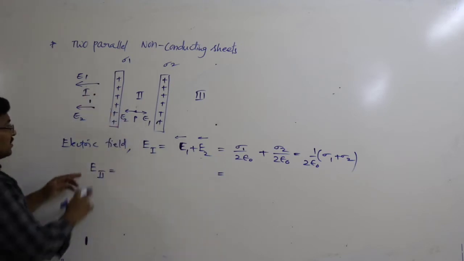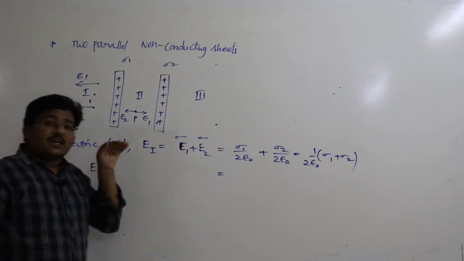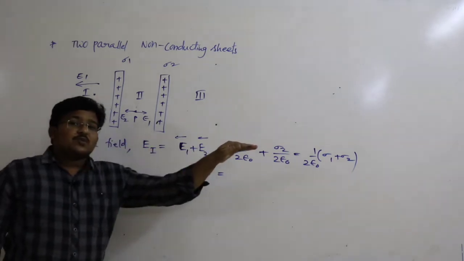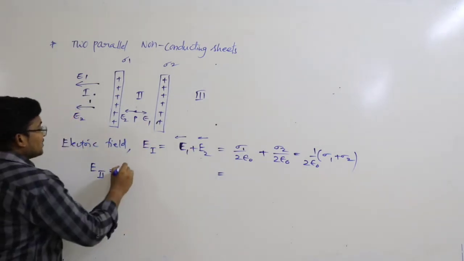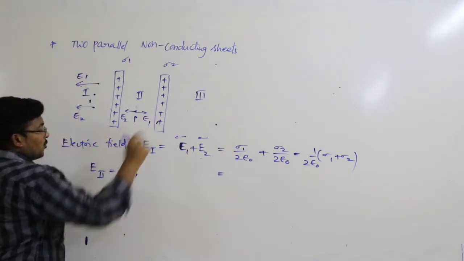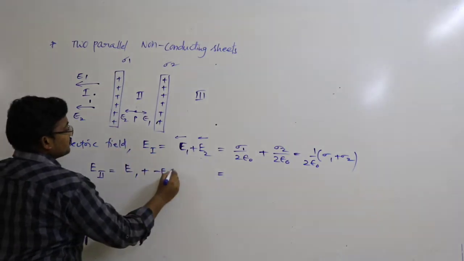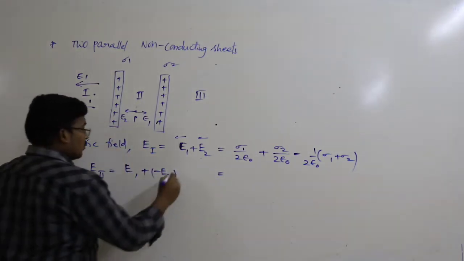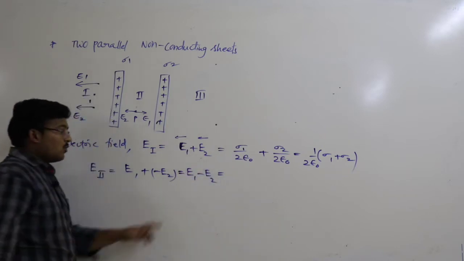Now you can say that one is right side, one is left side. We can take right side, towards the positive x-axis, as positive, and this is negative. So I can say that E1 will be positive plus E2 will be negative. So that is how we can say E1 minus E2. What is E1?